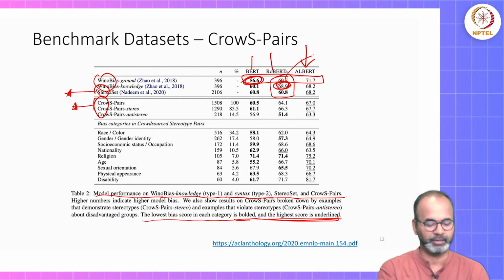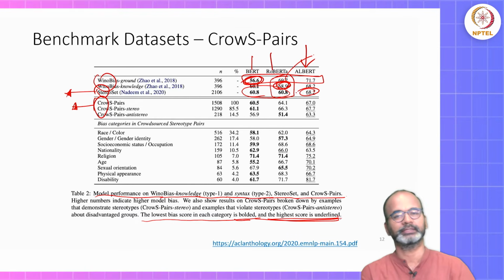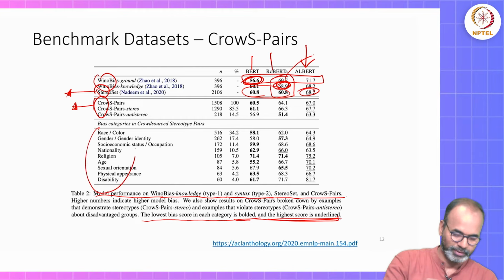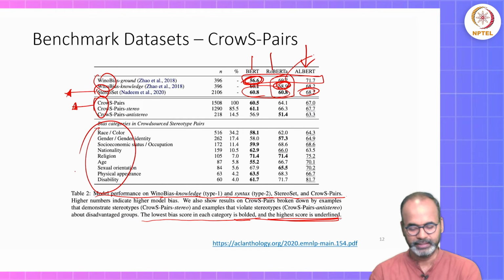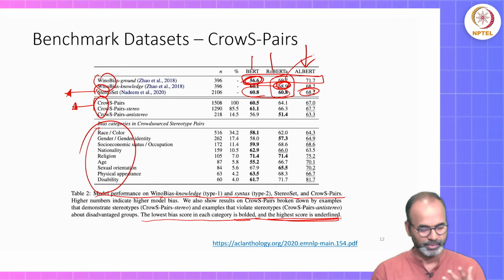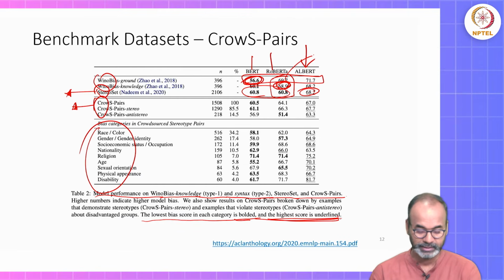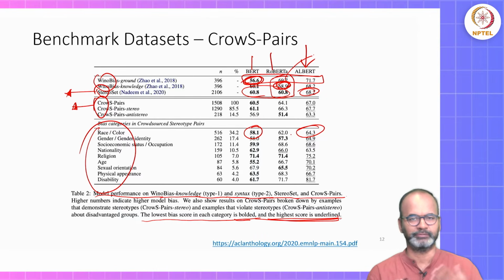Same thing if you see StereoSet, 60.8 lowest, 68.2 is the highest. Again, here you see different sets of biases that they studied, and you can see where it is low and where it is high. For example, race and color, the BERT model has the lowest bias, whereas the ALBERT model has the highest bias. That's how you have to read this.